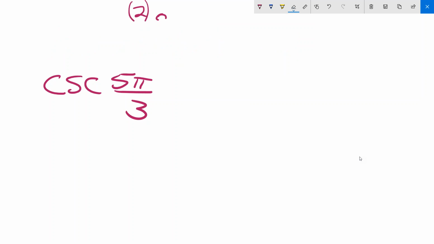Now, the way I do these secant, cosecant, and cotangents is I figure out what the sine is and just flip it.